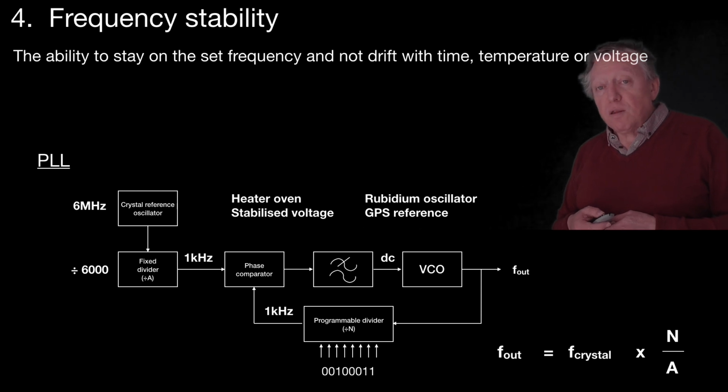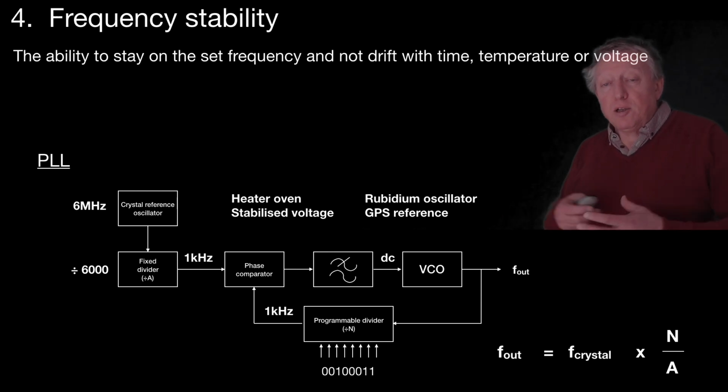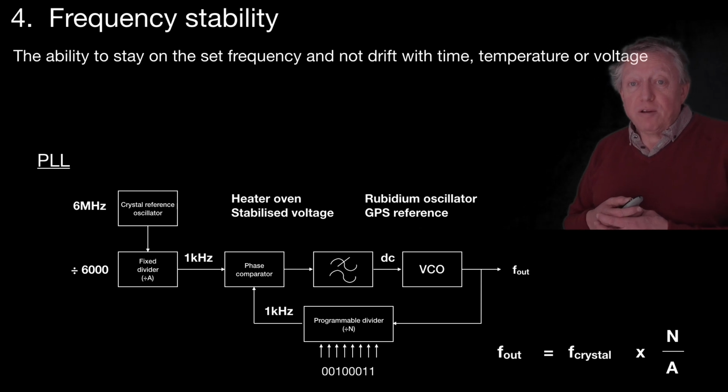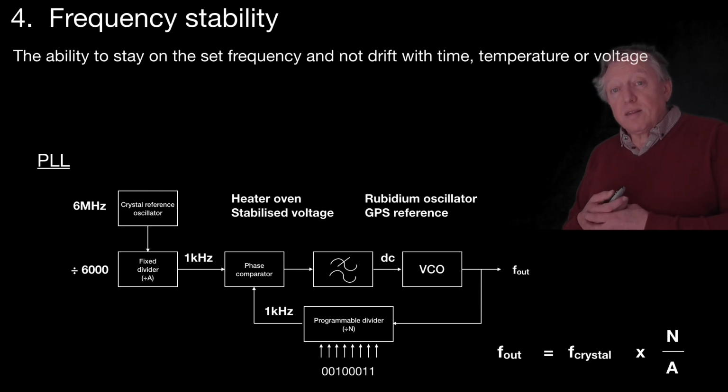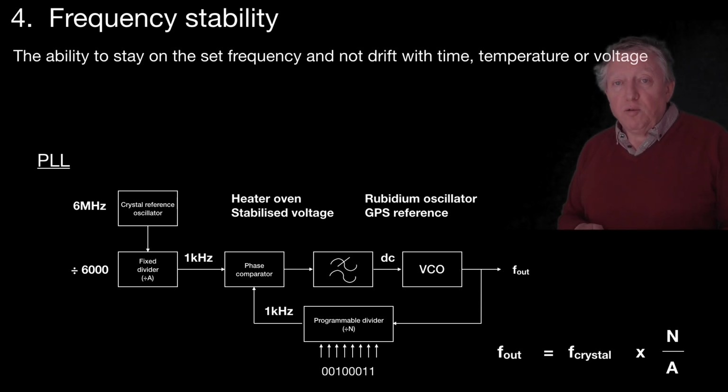But a GPS reference can be done at modest cost. Ultimately, the GPS signals are traceable back to USA national standards and therefore are very accurate. And some people use those to provide a 10 megahertz standard frequency to guide the phase lock loop to being accurate.